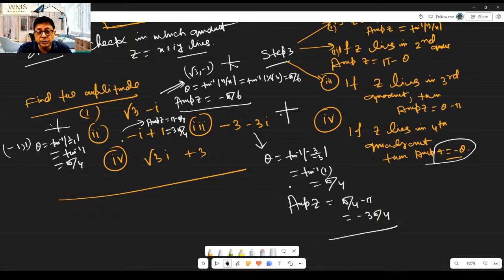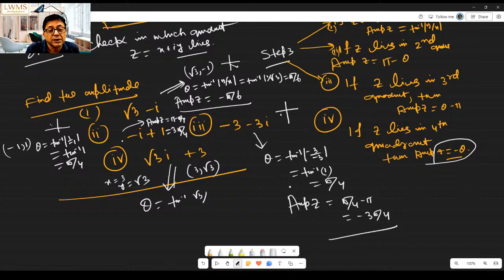Hope all of you have understood and you are doing it with me. For this one, theta is what? Tan inverse, here x is 3 and y is root 3. The number is 3 comma root 3. We need not put mod here, both are positive.